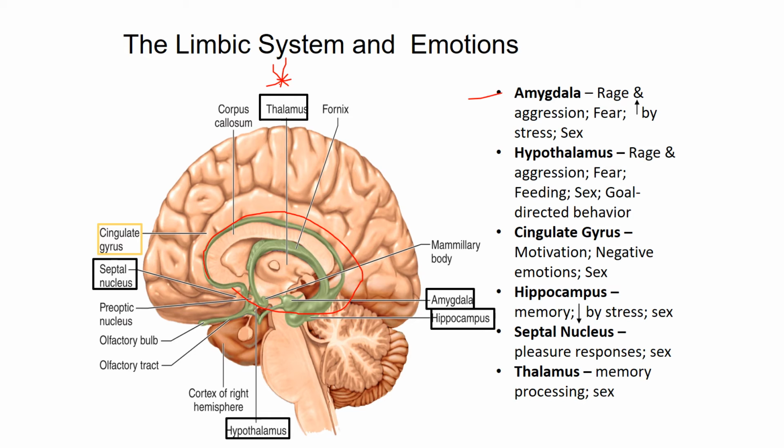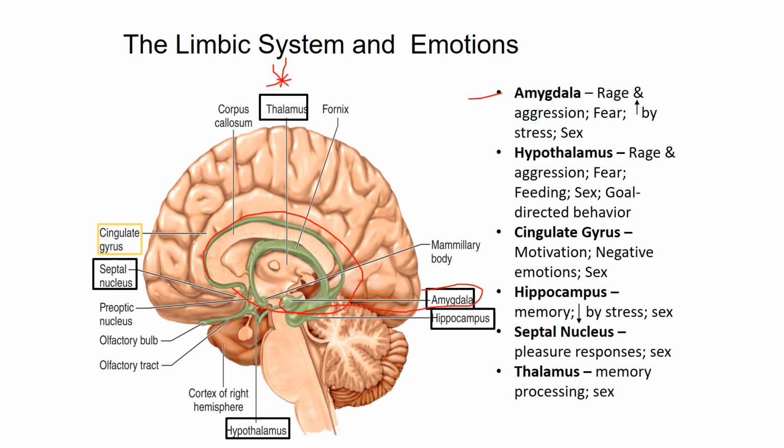The amygdala first, what we have here. This is important for memory formation, and a lot of it has to do with memory of fear responses, like visual processing of fearful faces, especially from when we were young. Say you're scared to death of clowns, then your amygdala has created those memories of fear.